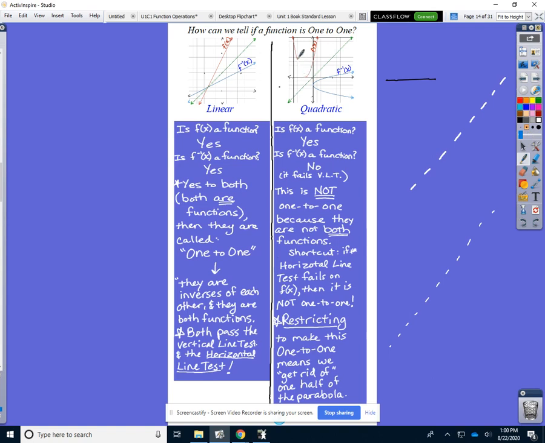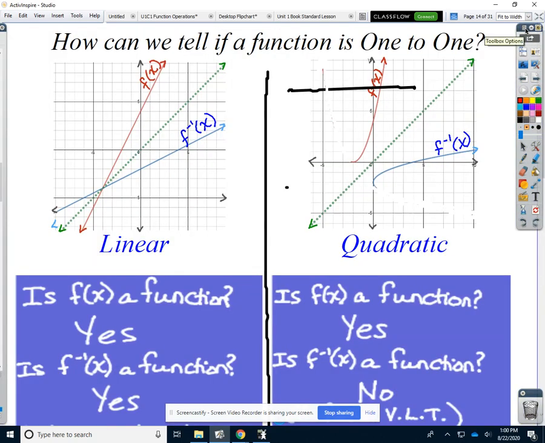Again, I suggest you always erase the negative side or the left side. And if I get rid of the left side here, I'd be getting rid of the bottom here. Now, let me zoom in. Now, if I use my horizontal line test on the red, it only touches in one place.